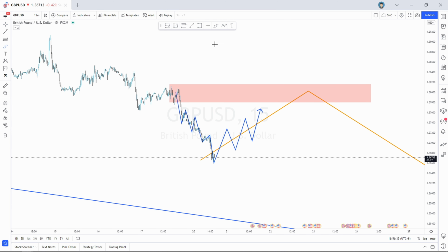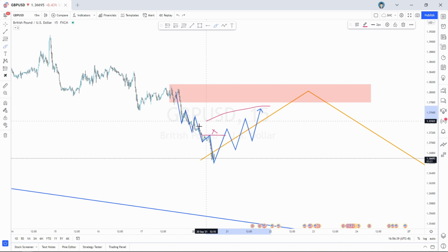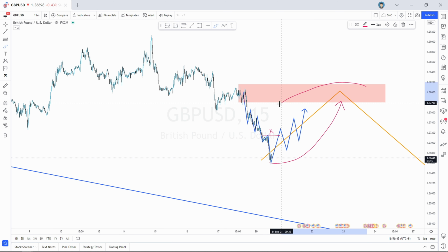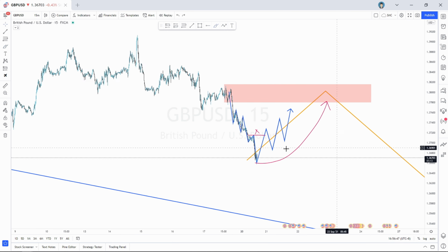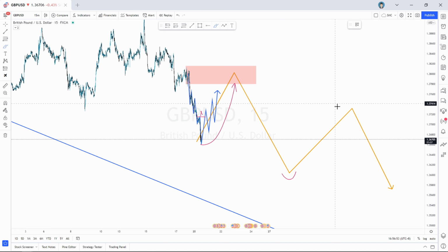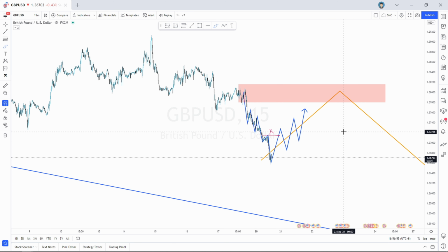If it breaks this lower high right here, then we're expecting a shift for bullishness. Why is it shifting bullish? Because it's following the higher time frame order flow, which is the 4-hour retracement to this OB here to continue creating lower lows and lower highs.